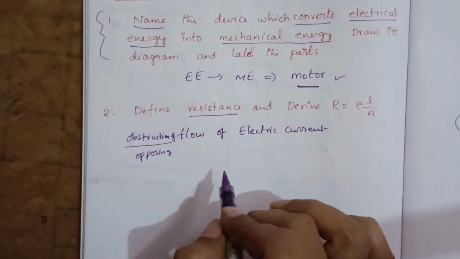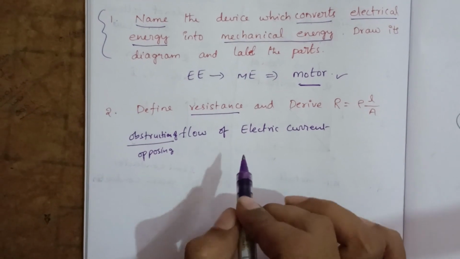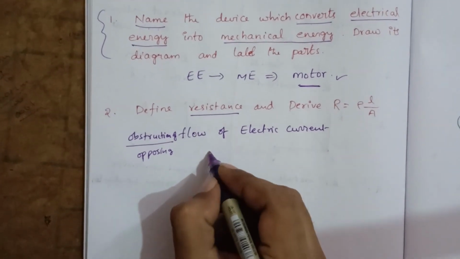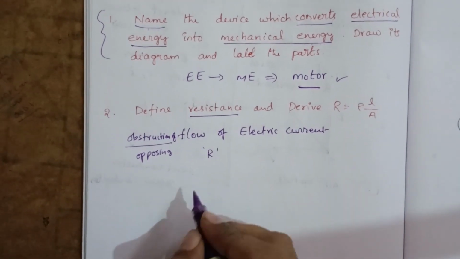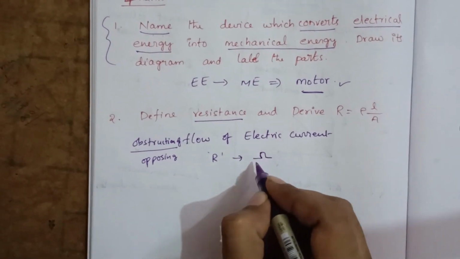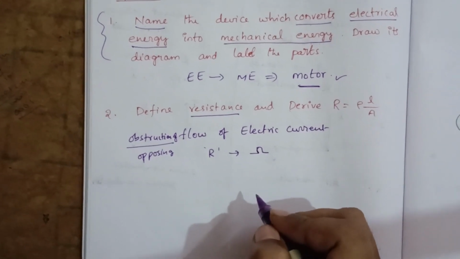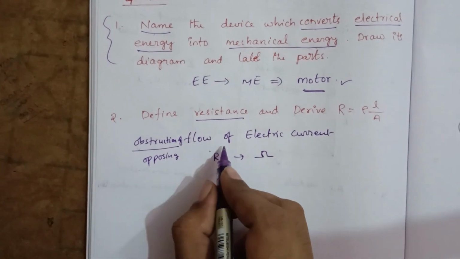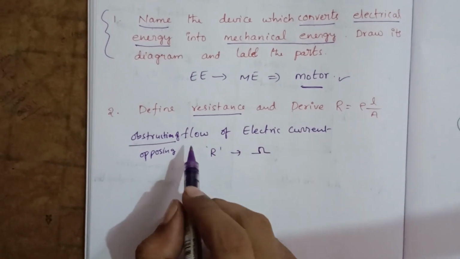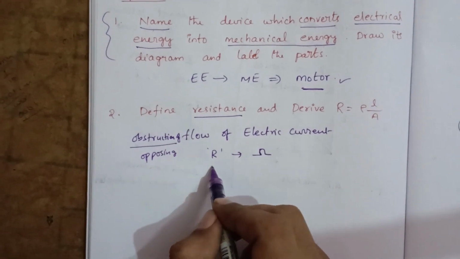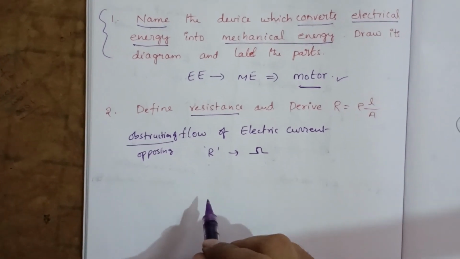That which opposes the flow of electric current is called resistance. Resistance is denoted by the letter R. Its unit is ohm. This is the symbol of ohm.